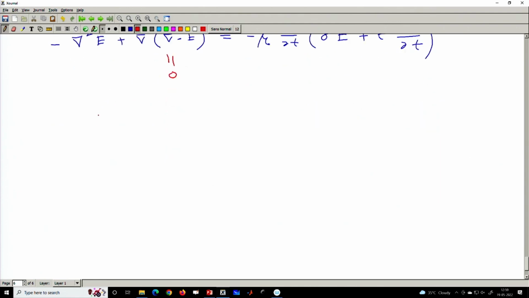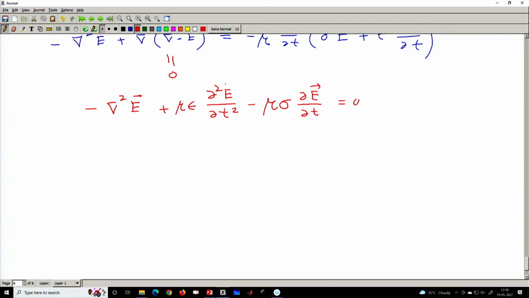So, what do I get? We get simply minus of del square E, and then plus mu epsilon del 2 E del T square, my pen is not working properly now, minus mu sigma del E del T, that is equal to 0.